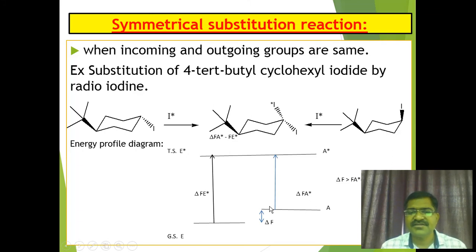That means the axial isomer reacts faster. The time required for the axial isomer going from ground state to excited state is lesser, and therefore we can say that in symmetrical substitution reaction, the axial isomer reacts faster as compared to the equatorial isomer.